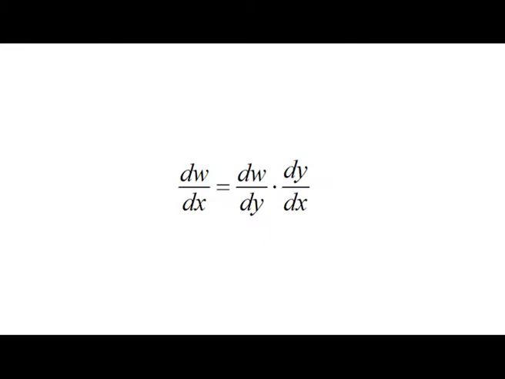The chain rule of differentiation of functions of one variable states that if w equal to g of y and y equal to h of x are differentiable functions of y and x respectively, then their composition w equal to g of h of x is a differentiable composite function of x, and dw by dx equal to dw by dy into dy by dx.